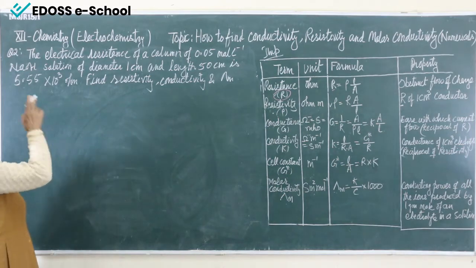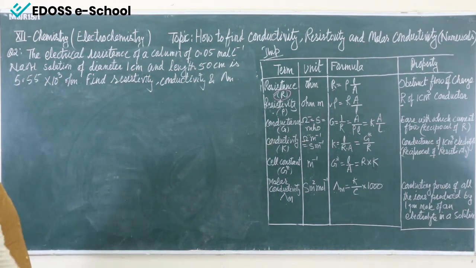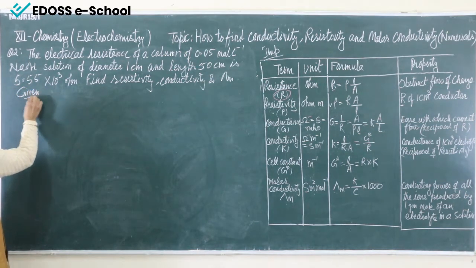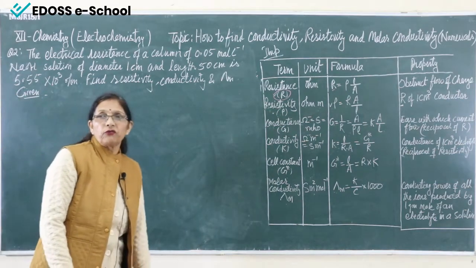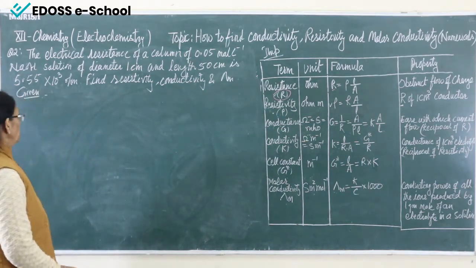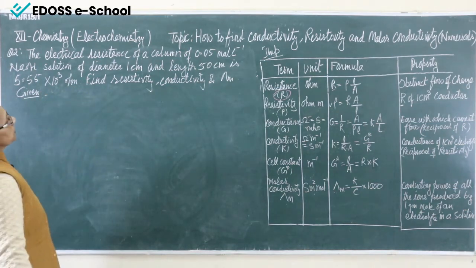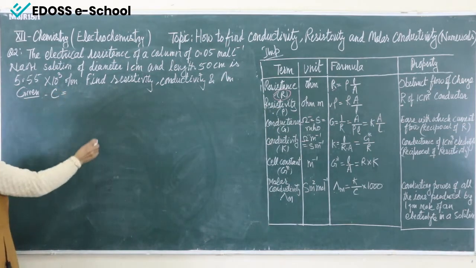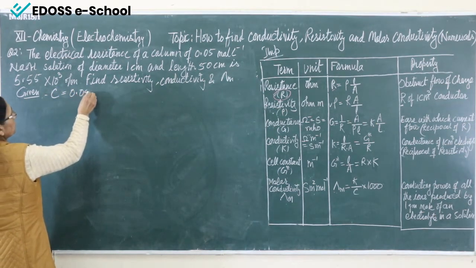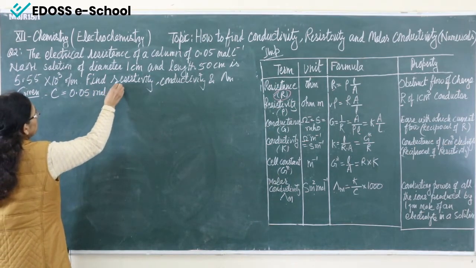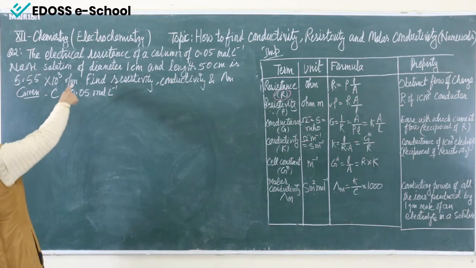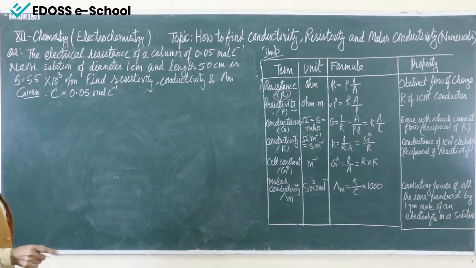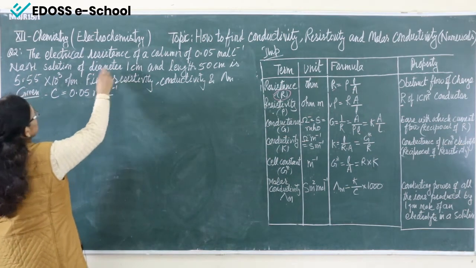Now in this question, first of all, we will have to write what is given to us. If you write whatever is given and what we have to find, then the numerical becomes easy to do. Given the electrical resistance of a column of 0.05 mole per liter, that means this is concentration, so concentration is given, 0.05 mole per liter NaOH solution.